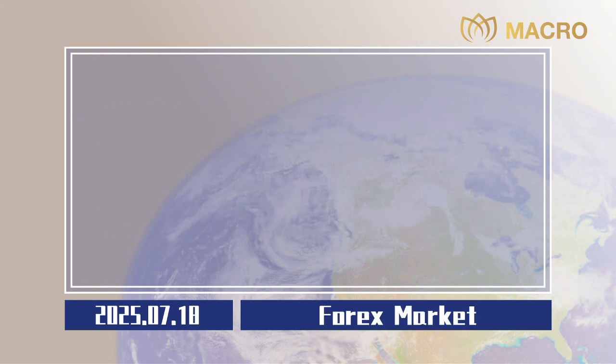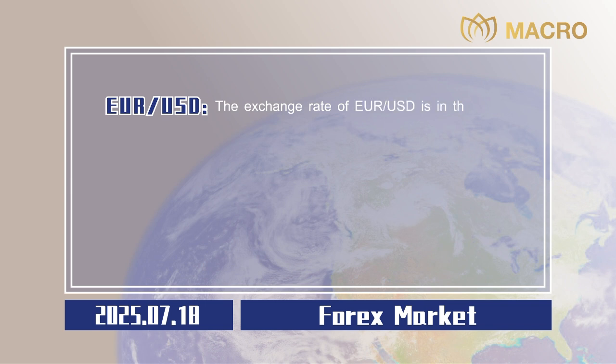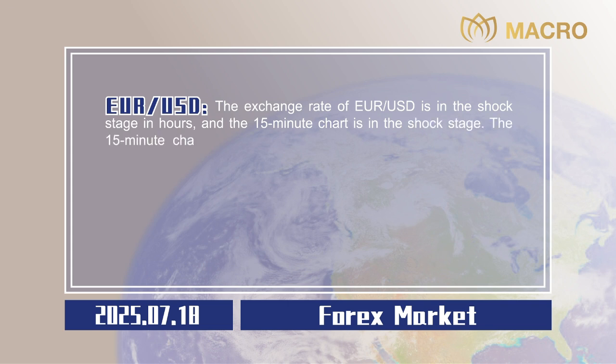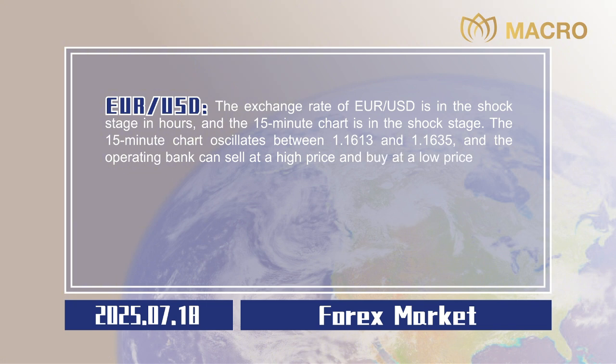Forex market. Euro to US dollar. The exchange rate of euro to US dollar is in the shock stage on the hourly chart, and the 15-minute chart is in the shock stage. The 15-minute chart oscillates between 1.1613 and 1.1635, and in operation you can sell at a high price and buy at a low price in this interval.